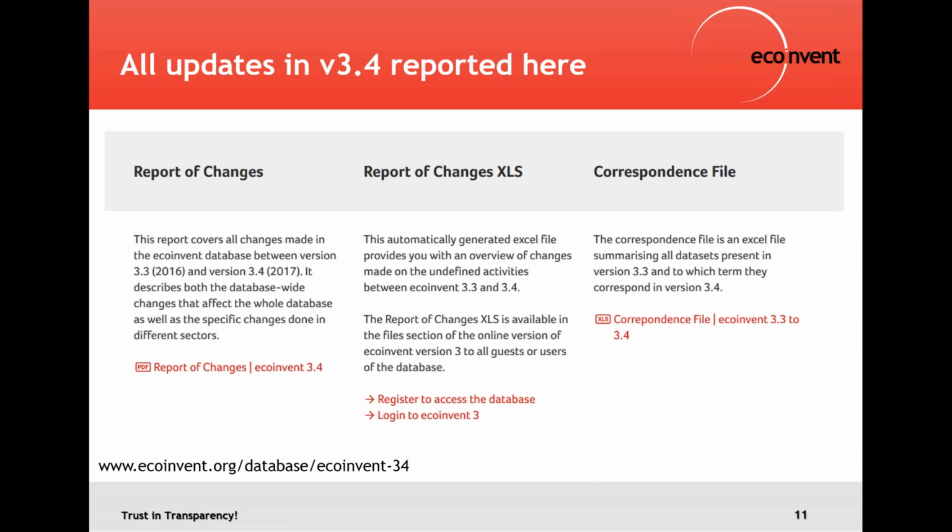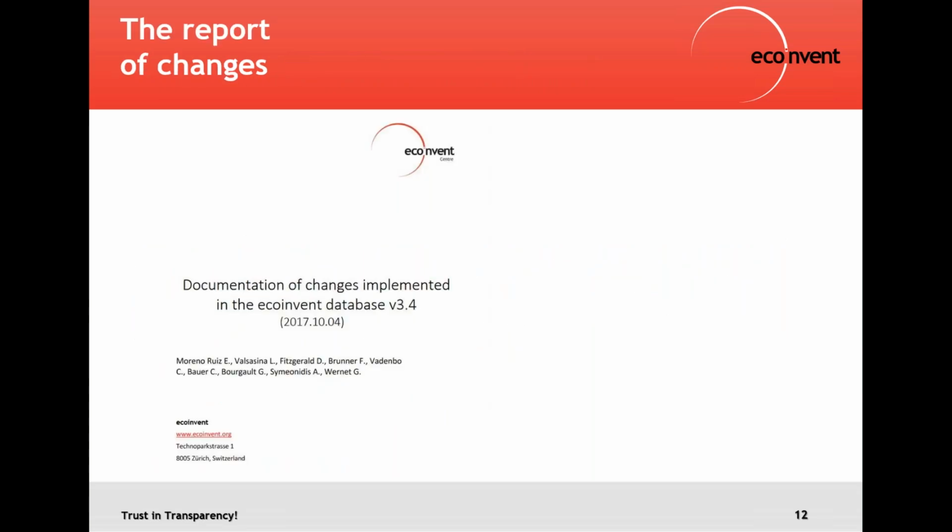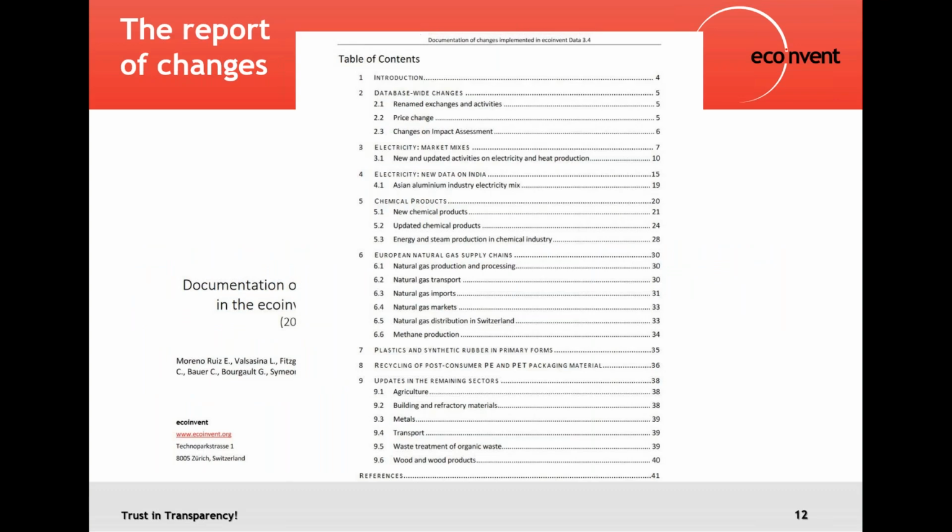Everything is here. You can download, for example, a PDF report called the Report of Changes that looks like this, and it documents all changes implemented from the previous version 3.3 to the current version 3.4. If you just look quickly at the table of contents, you can see that it concerns all sectors I have been talking about just now, where we have added data.